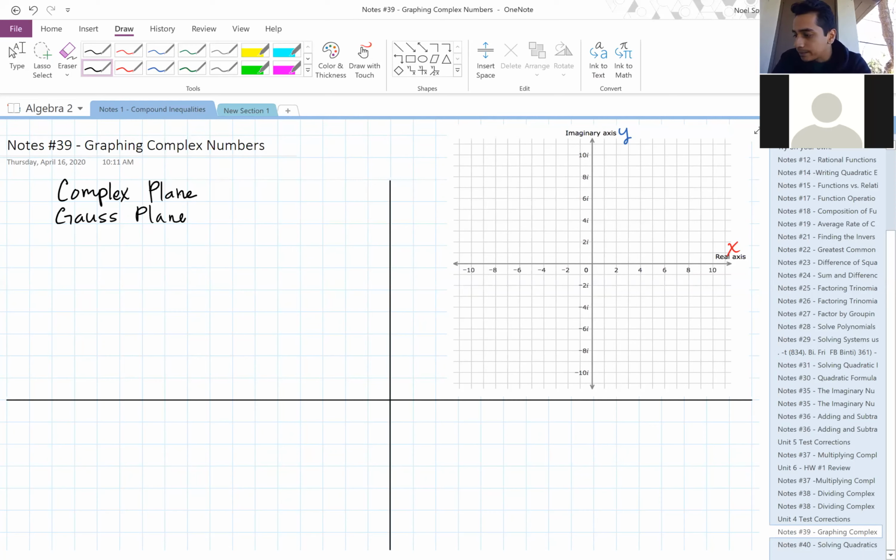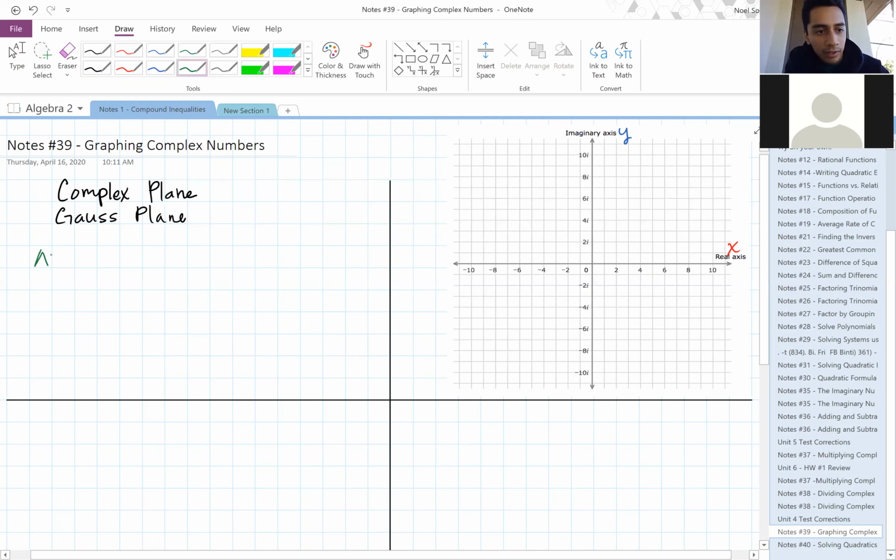Okay. All right, so when we graph these, we're going to start with a couple of complex numbers. Let's list them off. A is 2 plus 3i. B is -4 minus 5i.